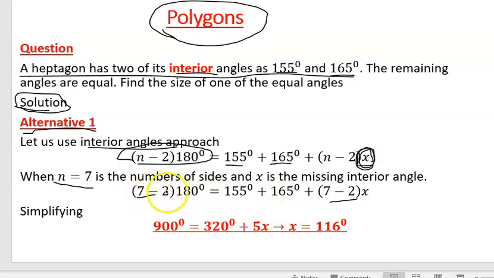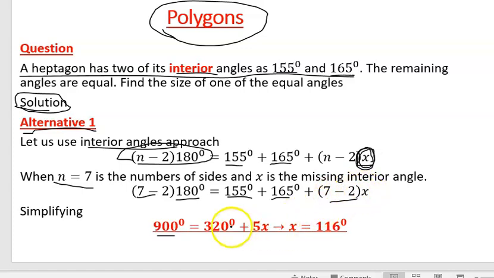So 7 minus 2 is 5. Then if you multiply by 180, you get 900. Similarly, 155 plus 165 is 320. Then plus 7 minus 2, which is 5, multiplied by x, which we get 5x.